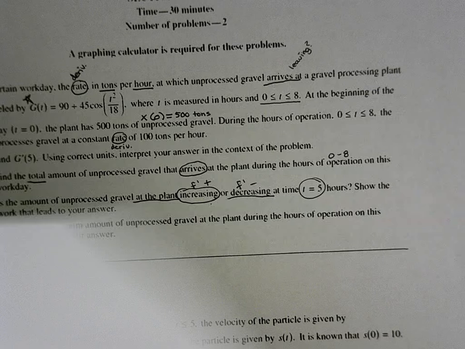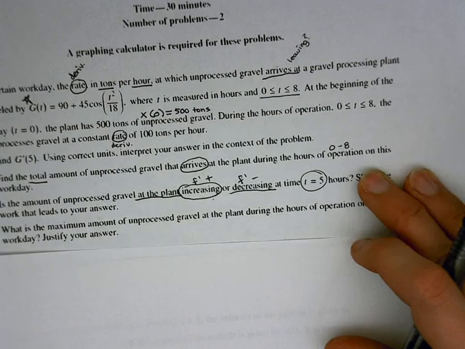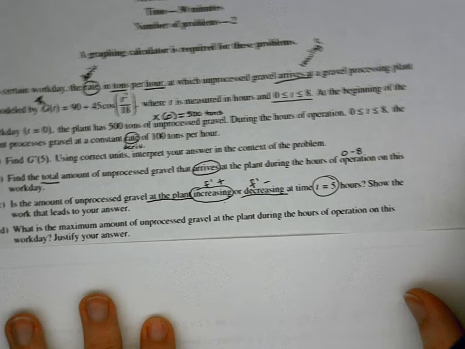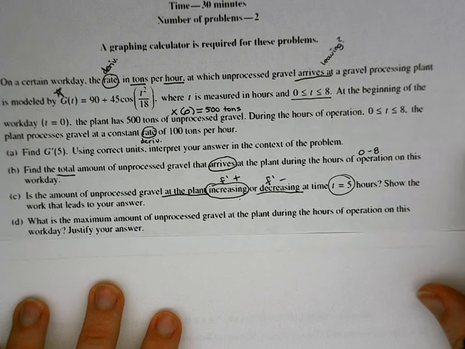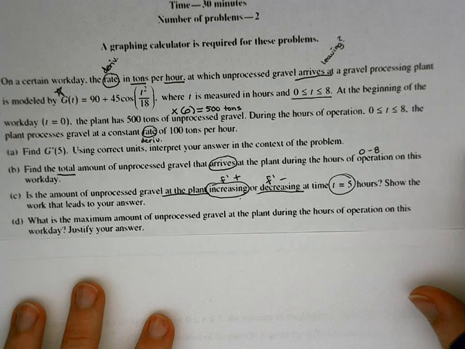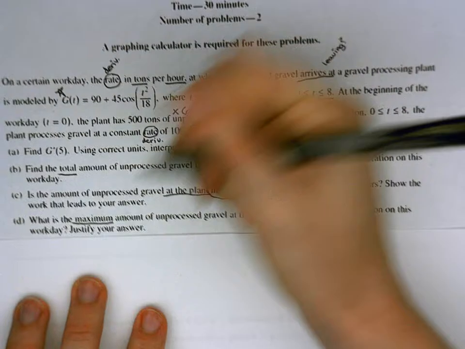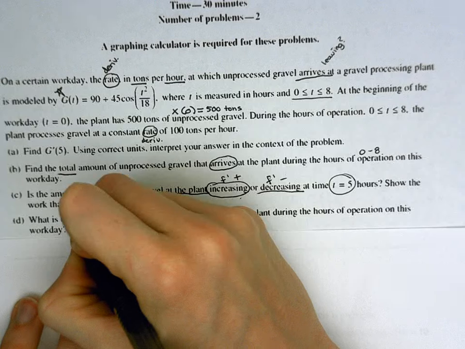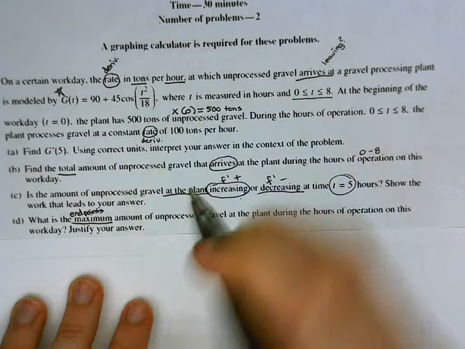Okay. Part D. Part D says, what is the maximum amount of unprocessed gravel at the plant during the hours of operation on this workday? Justify your answer. Okay, so maximums. I know there are 3 locations of maximums. You could have the left endpoint or the right endpoint, so I will call it endpoints. That's 2 of my locations.